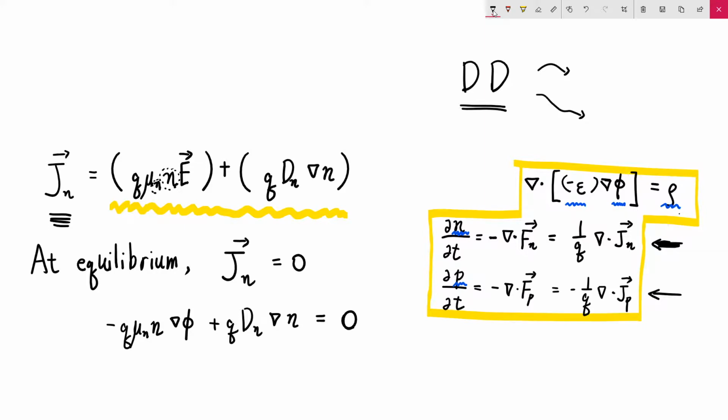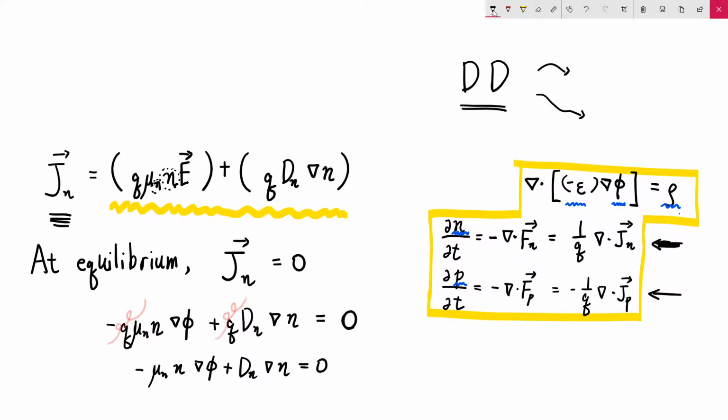Of course, we can make a real simplification, like eliminating q, because we can divide the left hand side and right hand side by positive q, and still we have the equality. Then we will have just minus mu n n gradient of phi plus dn gradient of n.